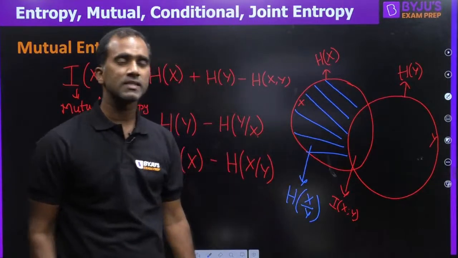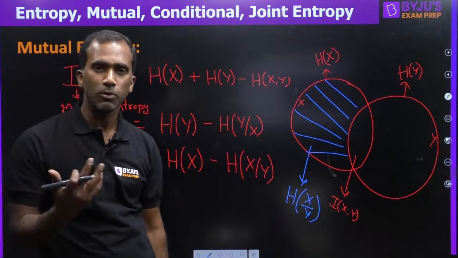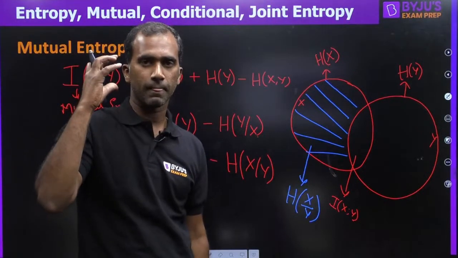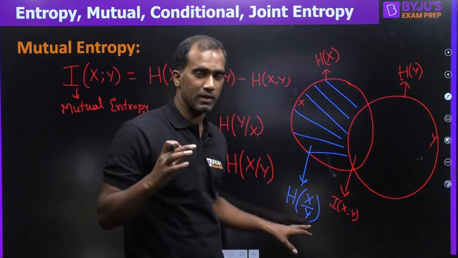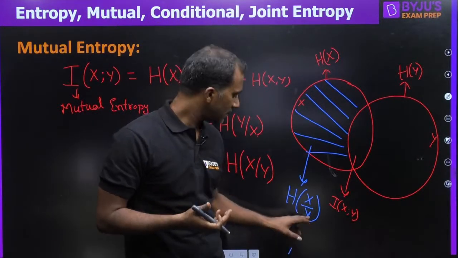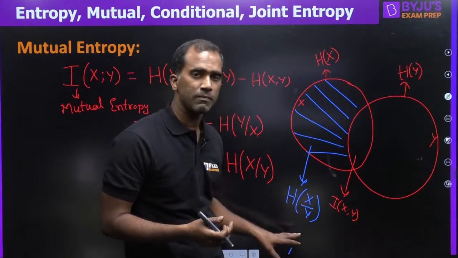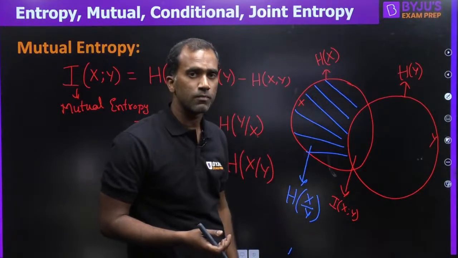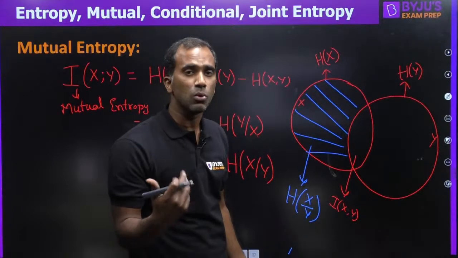Here it is information in x given that you know about y. Given means we know what has happened. It is given that y has happened. Given that you have seen the output, what is that unknown thing? Information means what you don't know, right?